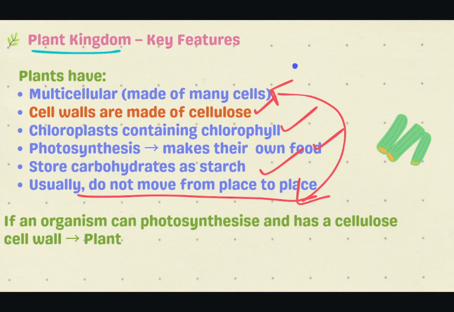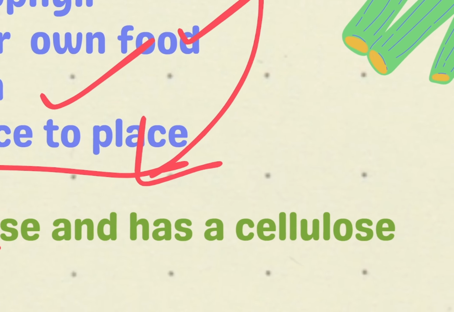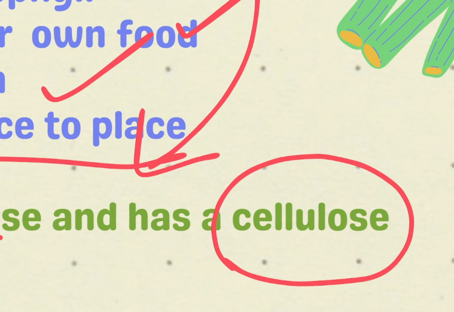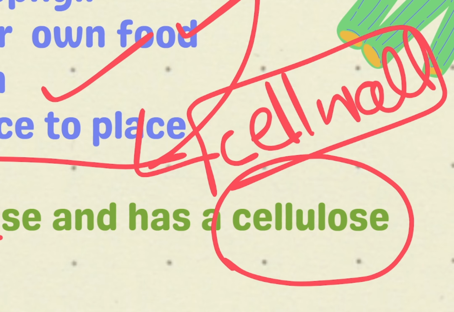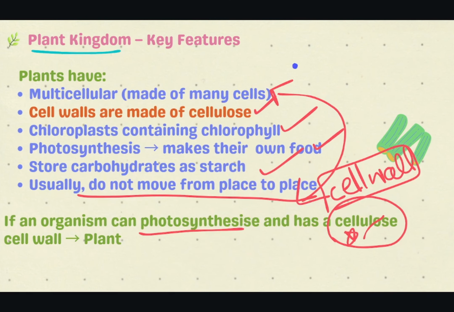So again, a key point: if you see any organism that can do the process of photosynthesis, and a very important one, I'm highlighting again and again, their cell wall. What is the cell wall? It is the outermost layer in plant cells, and it is made up of a substance known as cellulose. This is only unique to the plant kingdom.